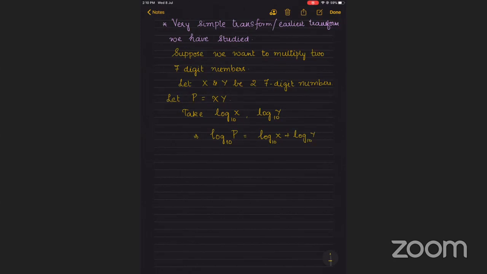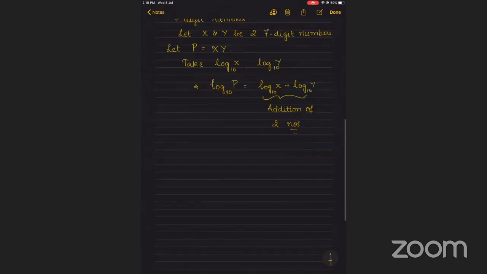This multiplication has become addition of two logarithms, addition of two numbers. Then log p base 10 is equal to some z. I want to find p, which is the actual product, so I do the anti-log of z.